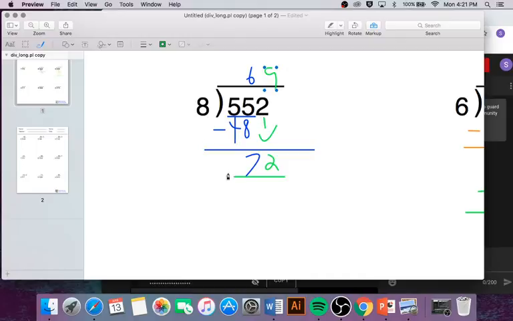And 8 times 9 is 72. 72 minus 72 is 0, so we don't have a remainder. So 552 divided by 8 is 69.